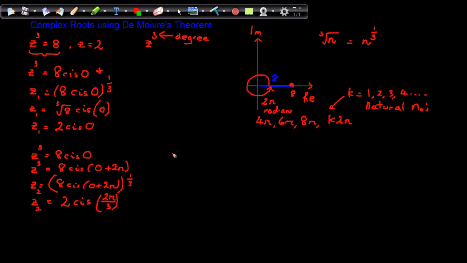What about a third solution? So let's call this, say, z3. Let's actually start that little bit again. So z cubed is equal to 8 cis 0 plus, let's use 4 pi this time.